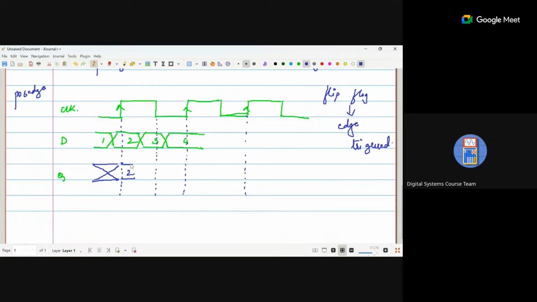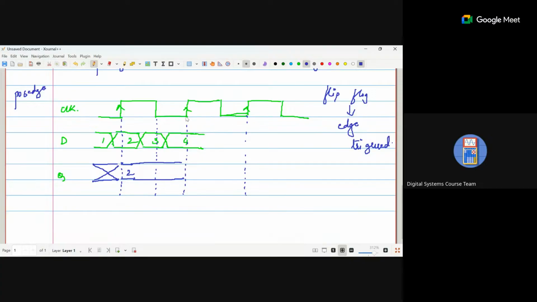So your output will be 2, and then your output will remain 2 till the next clock cycle. And why nothing will change is because till there is another positive edge trigger, there will be nothing to change. That's how the entire edge trigger works.